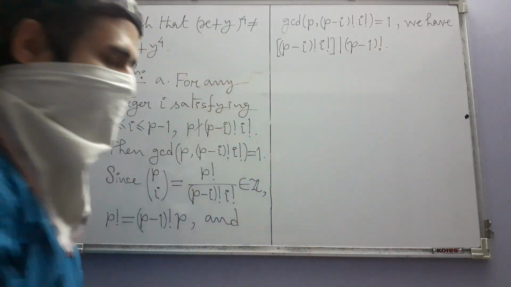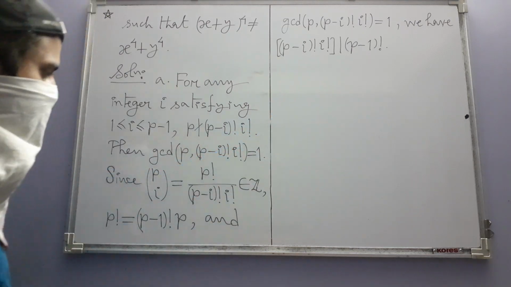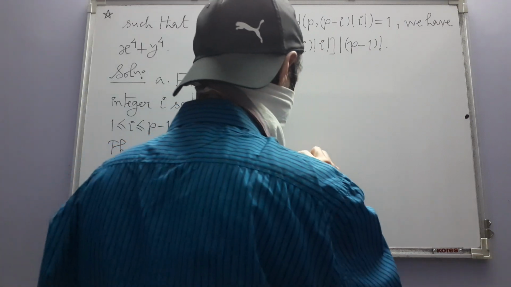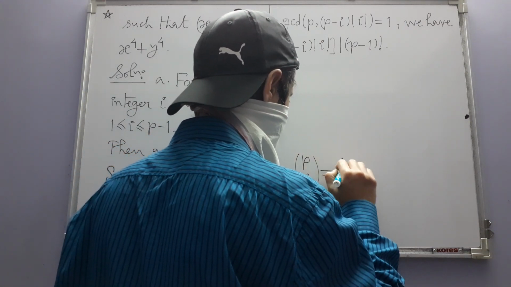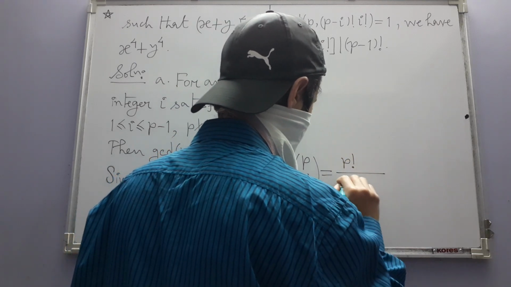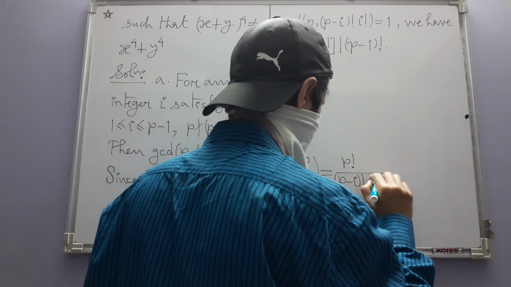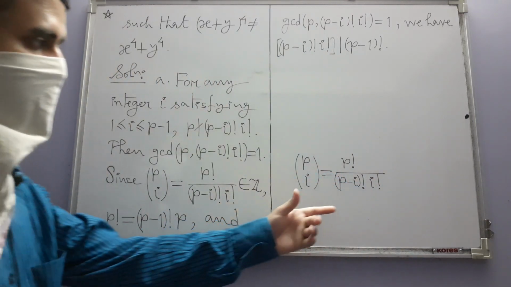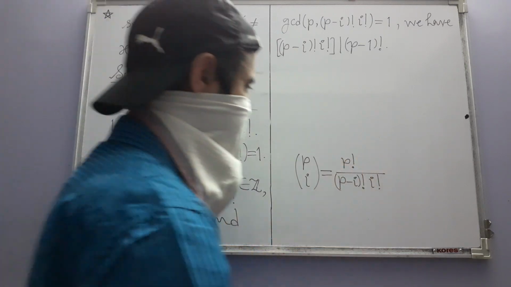Now I am going to elaborate on this. How exactly are we concluding this? Okay, so from this formula, since we know that this is an integer, that means the denominator divides the numerator.